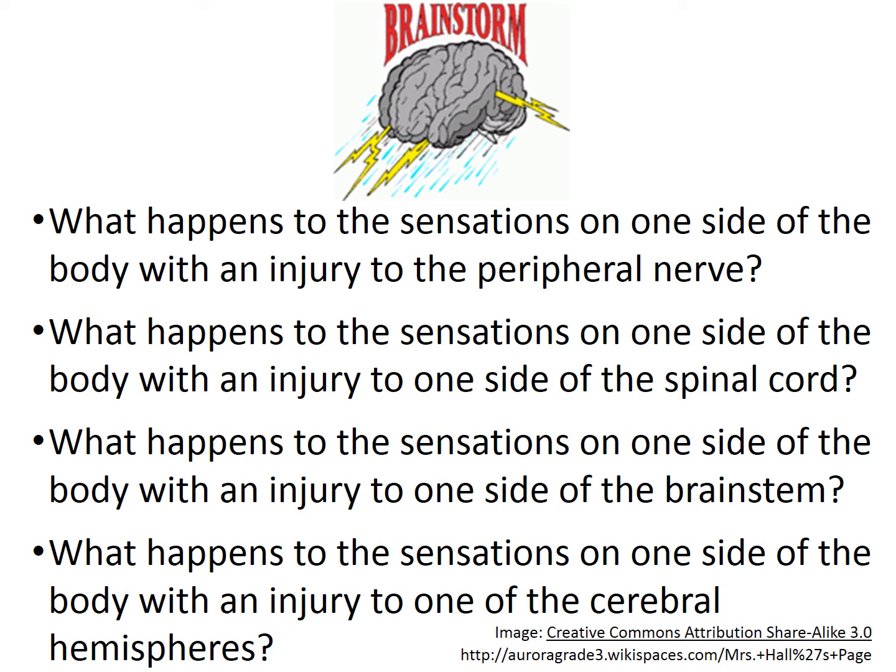What happens to the sensations on one side of the body if we have an injury on one side of the brainstem? And what happens to the sensations on one side of the body if we have an injury to one of the cerebral hemispheres? I want you to talk about this online and help each other to figure out how you would know what the answers would be.